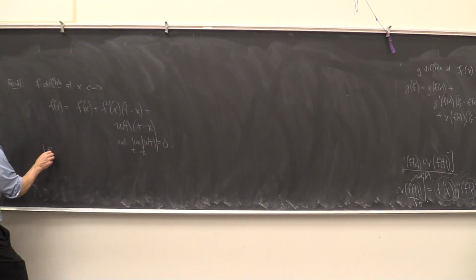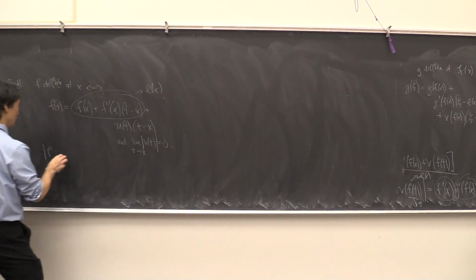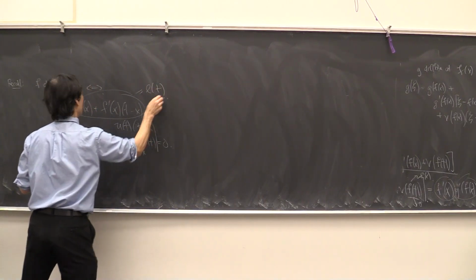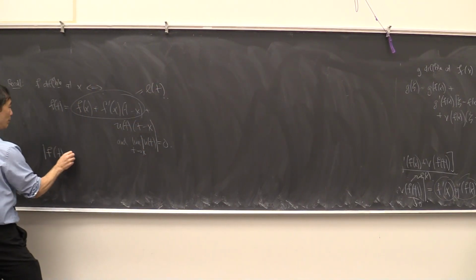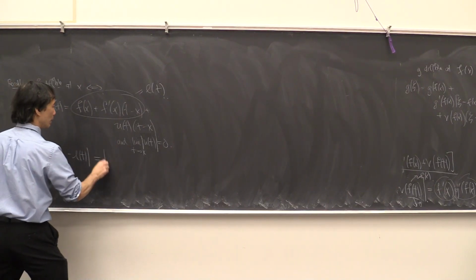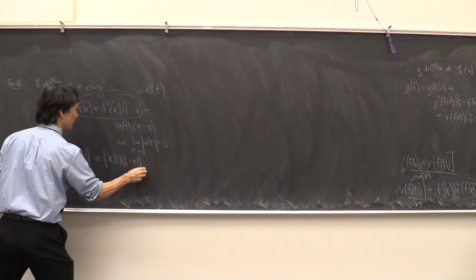In other words, let me call, as before, this thing L of t. f of t minus L of t equals u of t times t minus x.